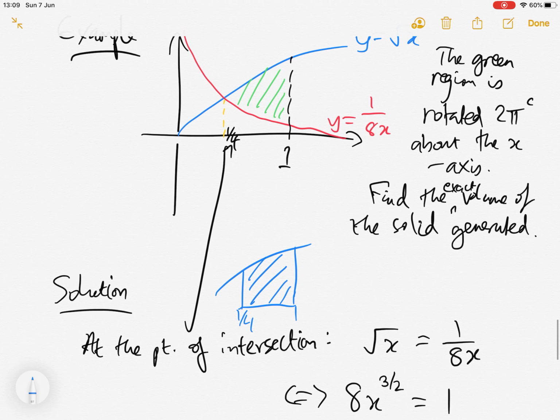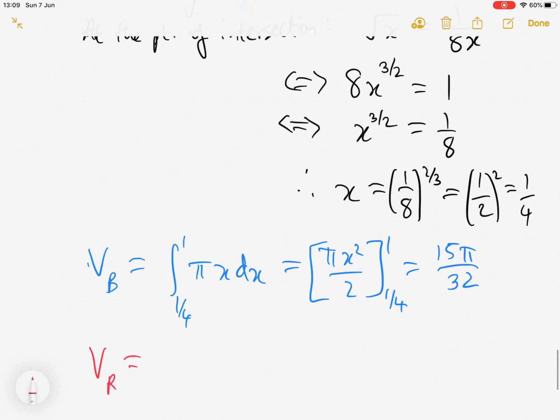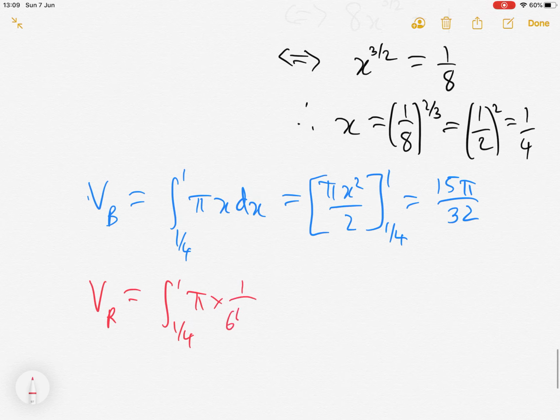And then the red, so now this red region here, we're going to rotate that around the x-axis. So VR, the red region, is again the integral from 1/4 to 1 of pi times y squared, which is 1 over 64x squared dx. And once again, we do year 1 integration, and the integral of x to the minus 2 is minus x to the minus 1.